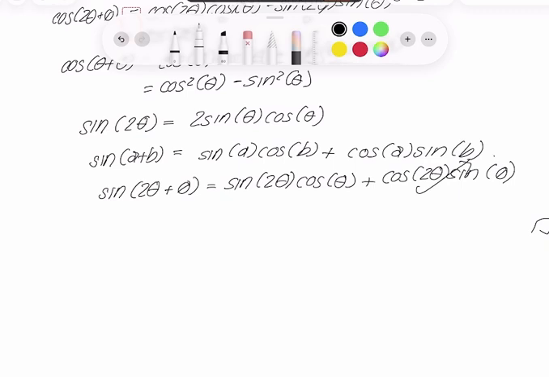So this goes to 0, this becomes 1, so that's equal to sine of 2 theta. So this holds, so we can use it.